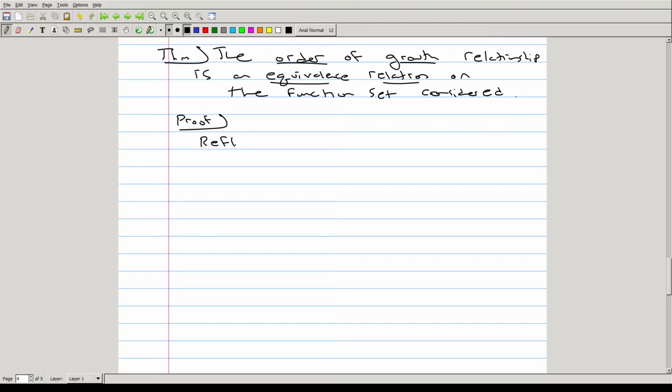Really, reflexivity for this order of growth relationship is a relatively straightforward extension of that, so I'm not going to go through it here. This is a simple extension of the previous proof. Same thing for transitivity.